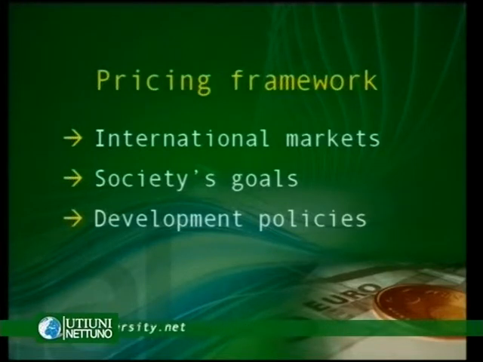In the case of international markets, typically the decision makers take a global perspective. So they are interested in international trade, not only in the domestic perspective. And this framework reflects the underlying idea that resources should be allocated in the most efficient way.